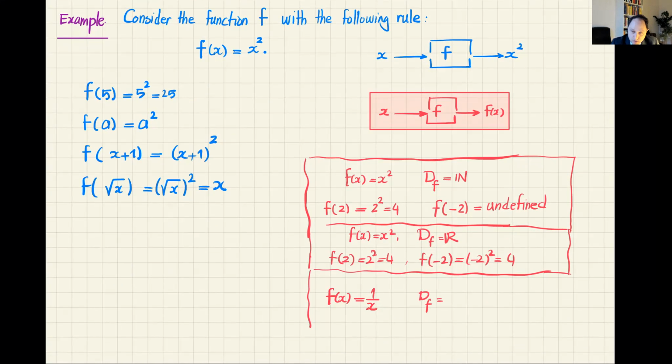I will come back and talk about this next session, but I just want to say something because it might be helpful. If I say that f is a function with the following rule, what do you need to understand about the domain yourself? What is the domain? Can you guess? Can you tell me what's the domain?